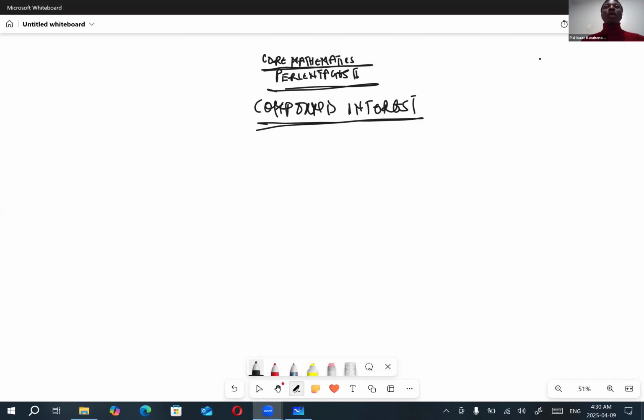So we are dealing with how to calculate compound interest. In our previous lecture, I showed you how compound interest is calculated. Now, I said the period between which the interest is added is called what?